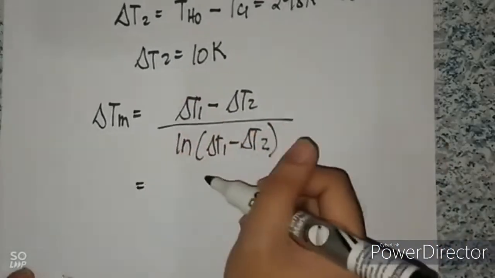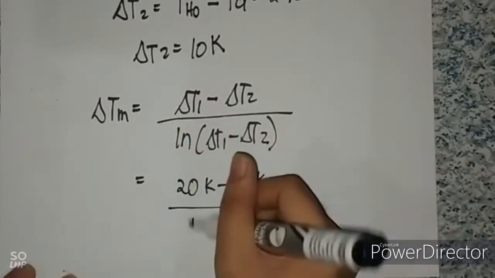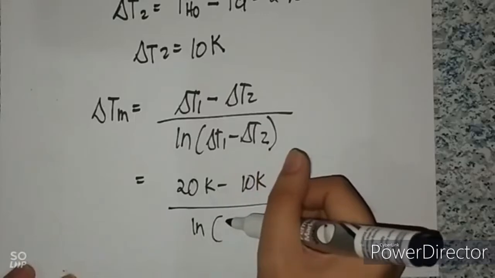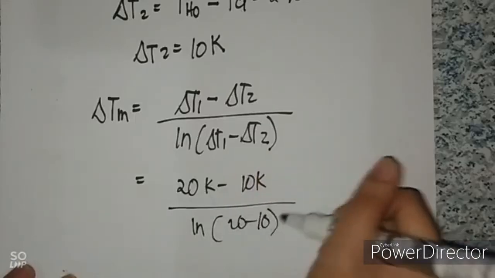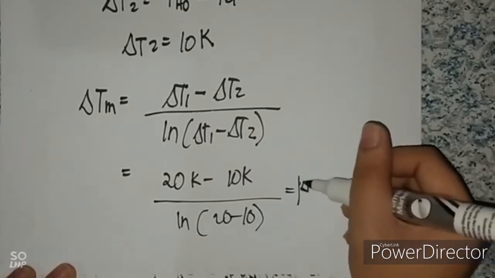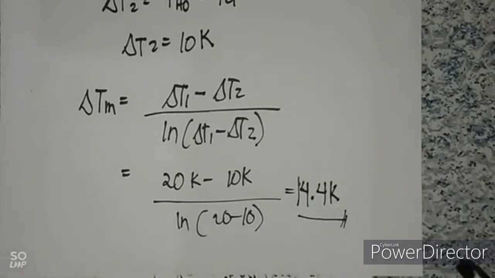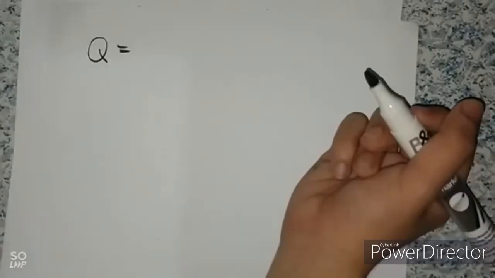Substituting the computed values, that's 20 Kelvin minus 10 Kelvin over Ln of 20 over 10. If we calculate this, it gives us 14.4 Kelvin. That's the value of our delta Tm.